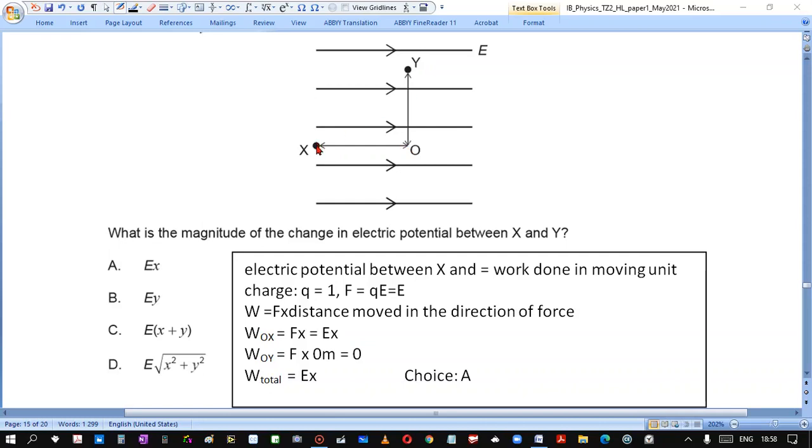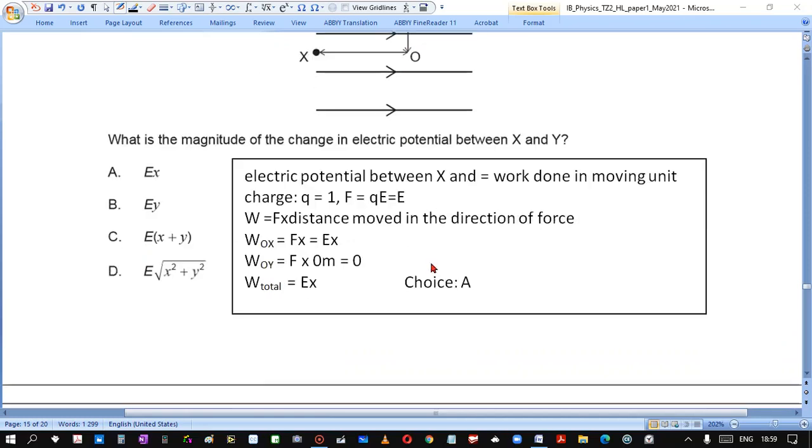When we move from x to 0, the force equals the field intensity because the charge is 1, and work equals force times distance, so work equals Ex. When we move at 90 degrees to the field, no work is done in the direction of the field, so the work is 0. As a result, the total work done equals Ex, so choice A.